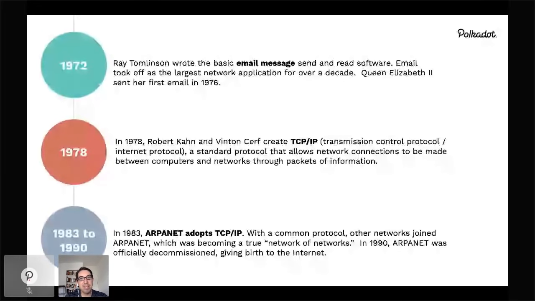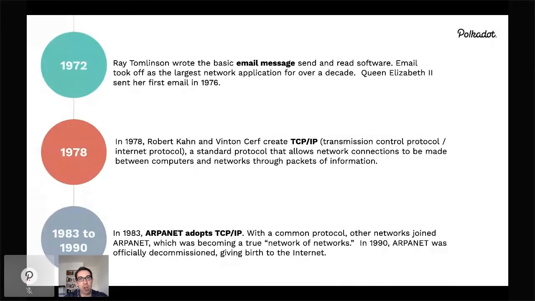Think of it as an Esperanto, a standardized language that all of these networks could use. And in 1983, ARPANET, which was the largest network at the time, adopted this mechanism of communicating. Again, think of it as Esperanto or English. Instead of individual languages, there was some generic language that we could all use.